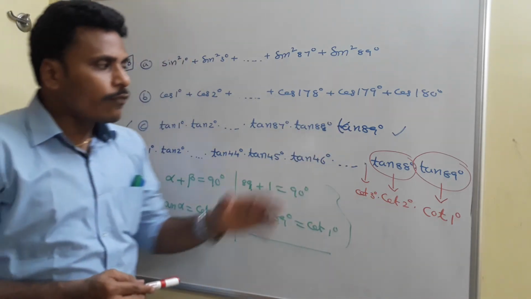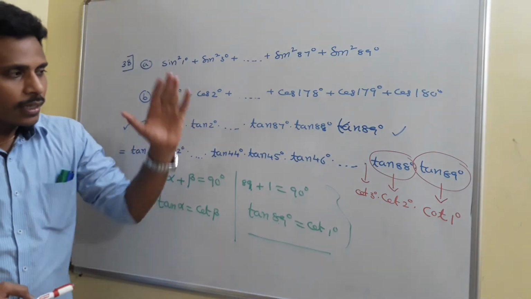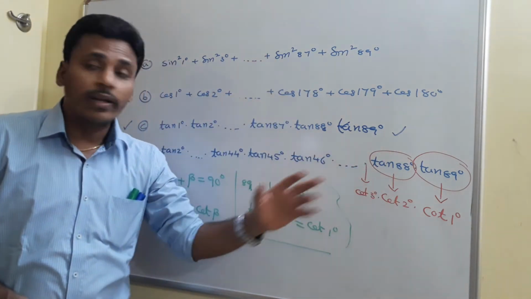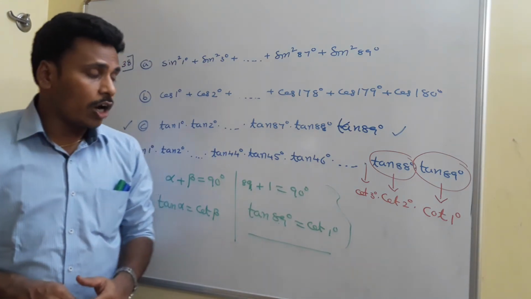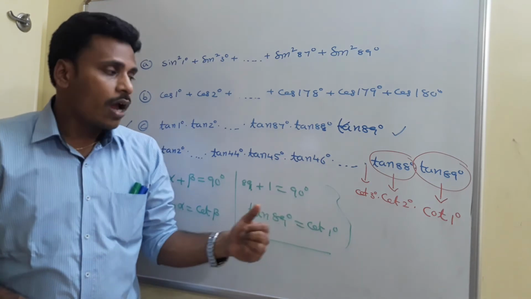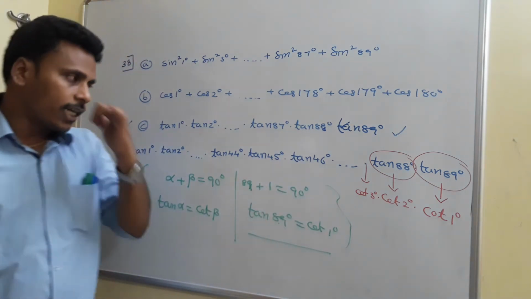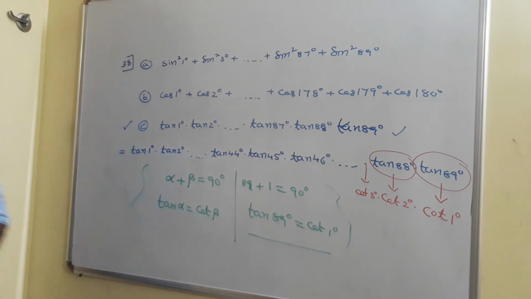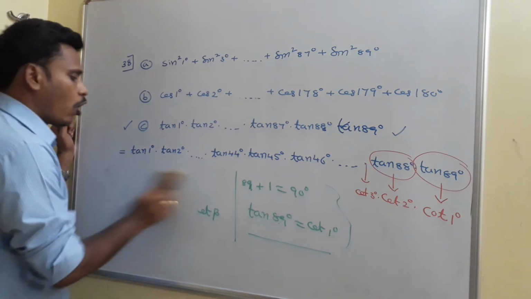Likewise, if you think from the ending of the expression, the last one tan 89 is cot 1 degrees, before that tan 88 is cot 2 degrees, and before that tan 87 is cot 3 degrees, all because of this logic that if the sum of the angles is 90, then tan alpha is cot beta.